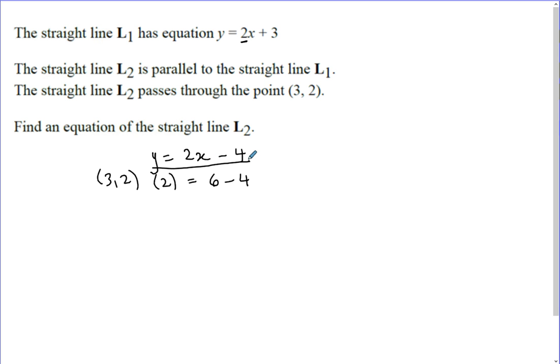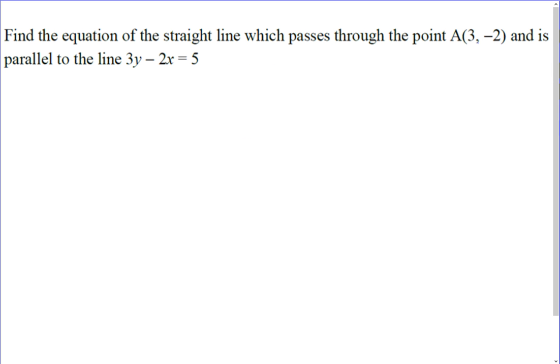Okay, let's try another one. Find the equation of the straight line which passes through (3, -2) and is parallel to the line 3y - 2x = 5. So again, remember, we need this equation in the form of y = mx + c.